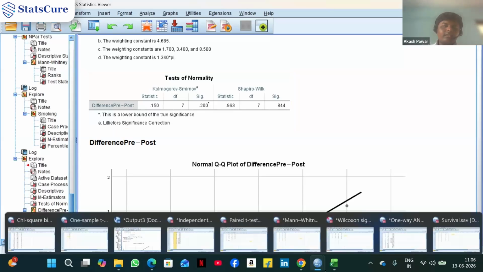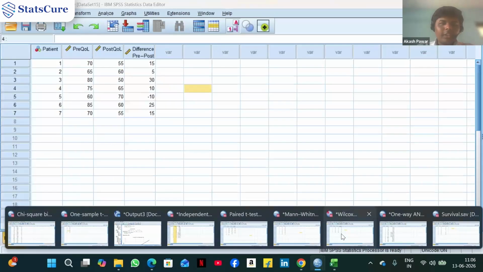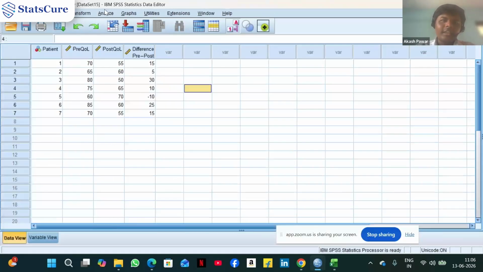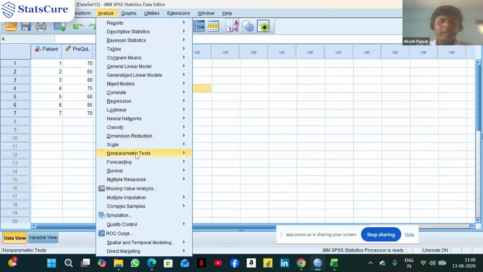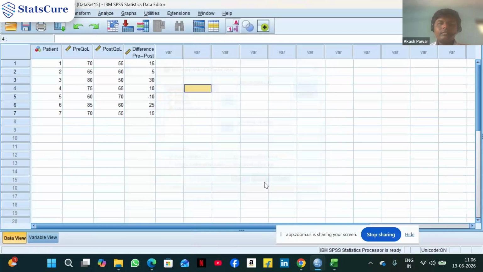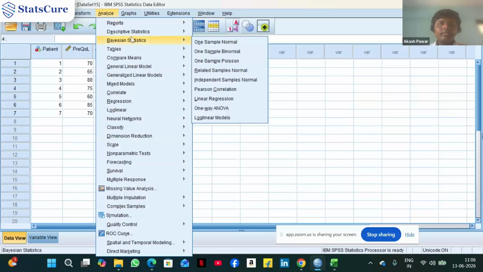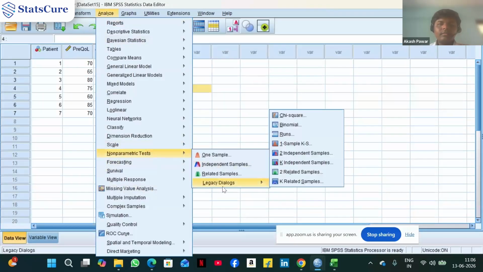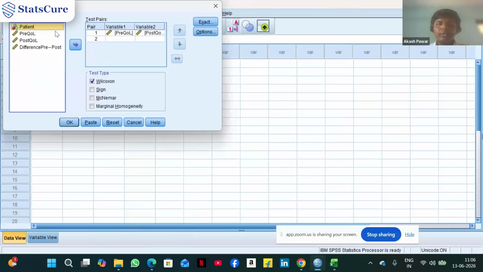Okay. Can you go for analyze? Yeah, again analyze. Now we will go for non-parametric. Yeah, non-parametric, 2 related samples. Here we have 2 related samples.